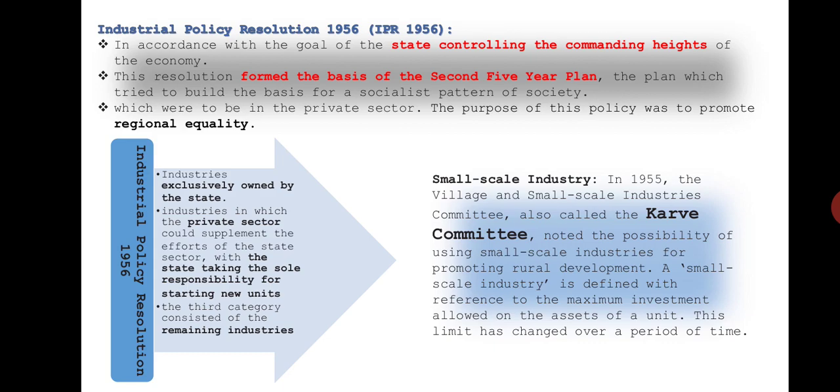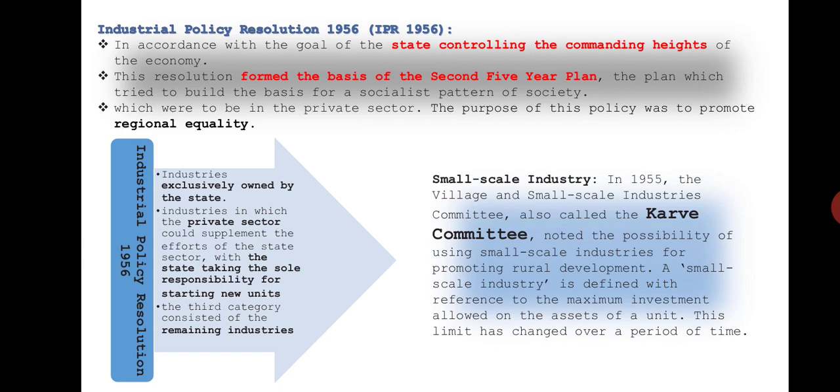This includes aluminium, mining industry, machine tools, fertilizer. Schedule C consists of the remaining industries which would be provided for the private sector.